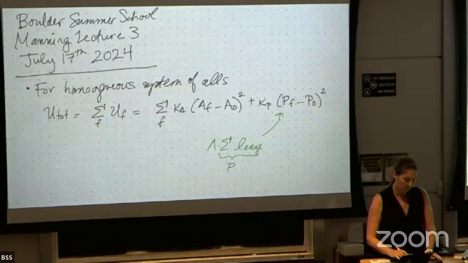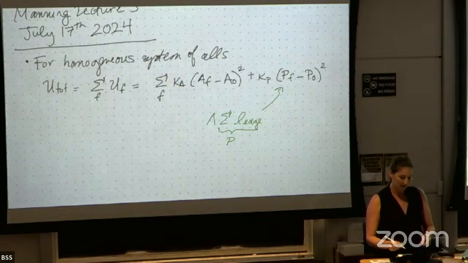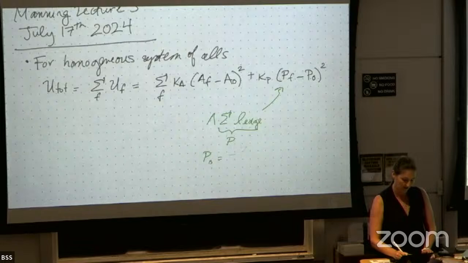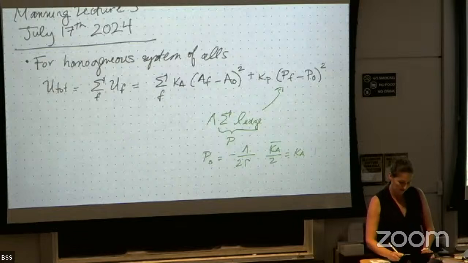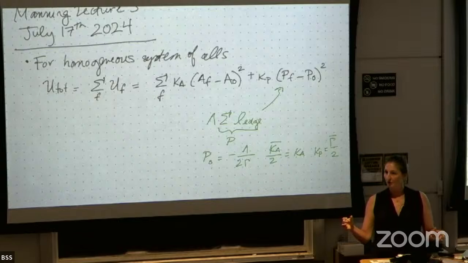And then we can complete the square because we have a term that's linear in P and a term that looks like P squared. And so this P naught you can find by completing the square. It's just lambda over 2 gamma. And now in your old equation, you had a K bar, and I think I've taken a half. Okay, and this Kp is basically your old coefficient of that contractility term that showed up in the Farr paper. Okay, so hopefully not too much of a mystery.